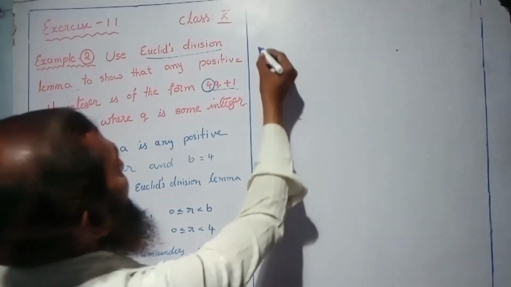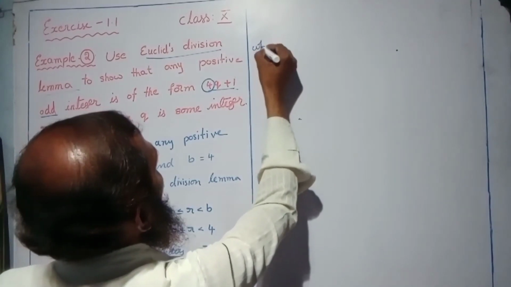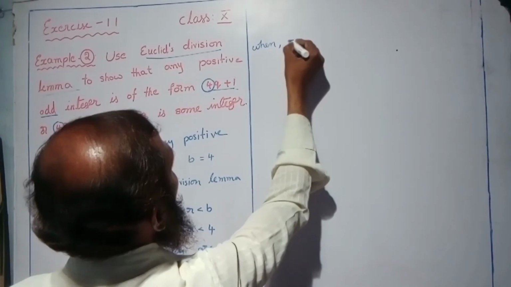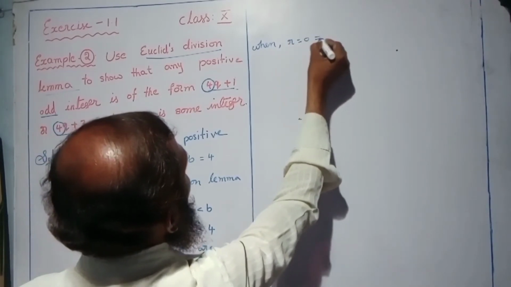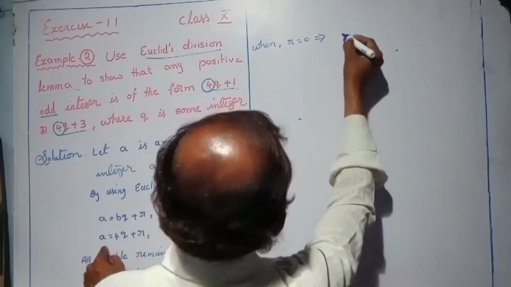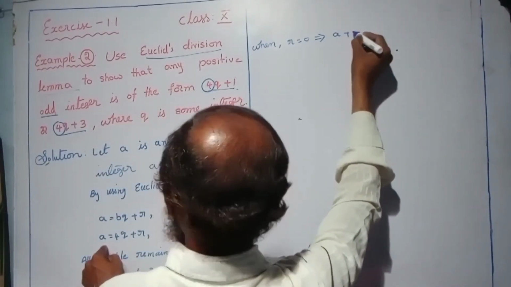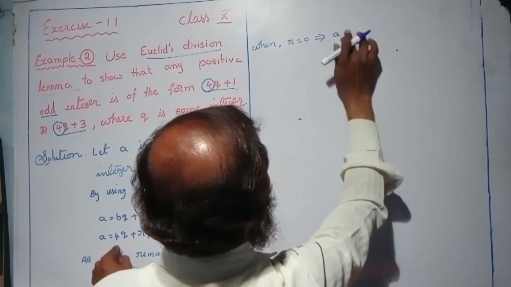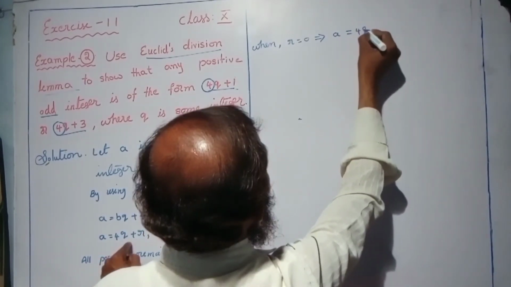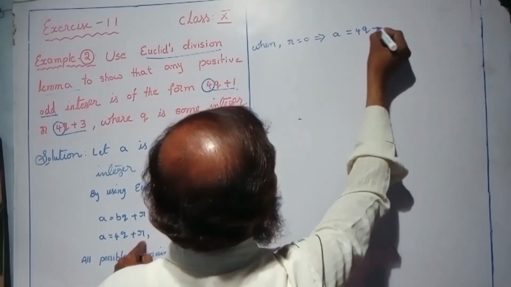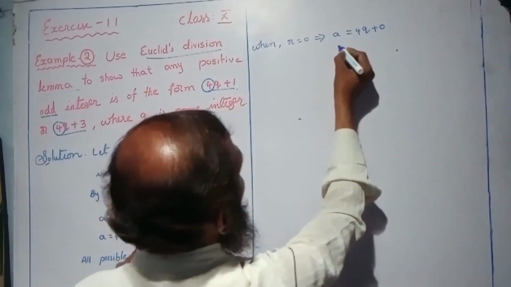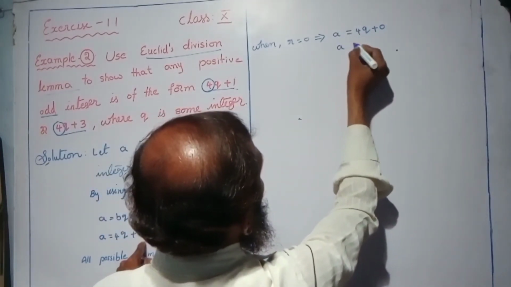So here, when r is equal to 0, apply it in this equation: a is equal to 4q plus r. In the place of r you substitute 0. What will you get here? a is equal to 4q.